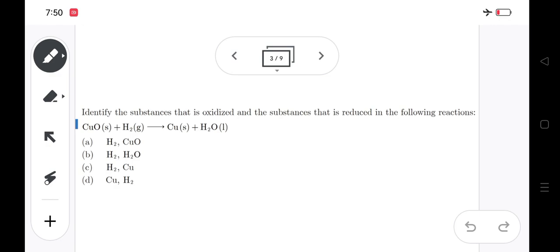The substance that is oxidized should be written first, then the substance reduced. Which substance is getting oxidized? It is hydrogen. And which is the reduced one? It is copper oxide. So what is the correct answer? Option A: H2 is oxidized and CuO is reduced.